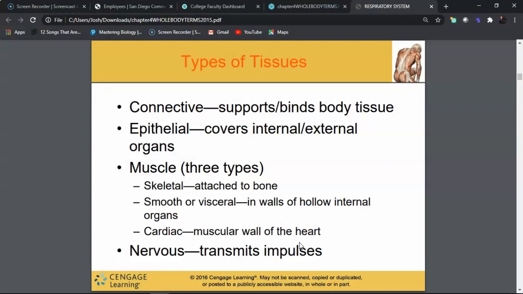We have skeletal muscle, which is our voluntary muscle that attaches muscle to bone and allows us to move. We have smooth or visceral muscle, which lines the internal organs or even the blood vessels. And so you'll see the word visceral. Visceral refers to organ. And then we have cardiac tissue, which is the tissue that lines the muscle of the heart. Okay.